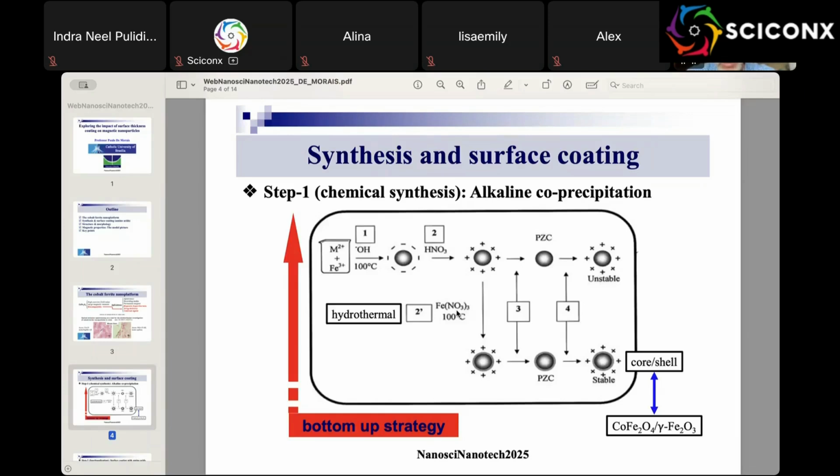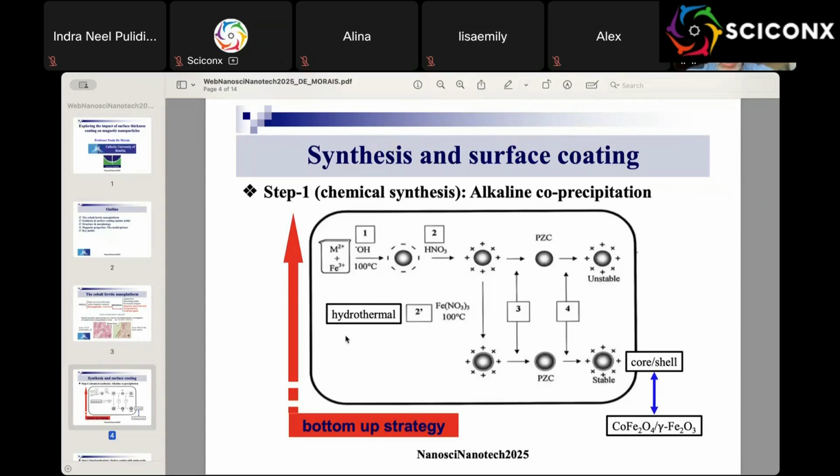In order to stabilize the as-precipitated nanoparticles, you have to perform a hydrothermal treatment. The hydrothermal treatment is performed using iron(III) nitrate, boiling at around 100 C. What happens in this process is that you end up with a sort of core-shell nanoparticle.